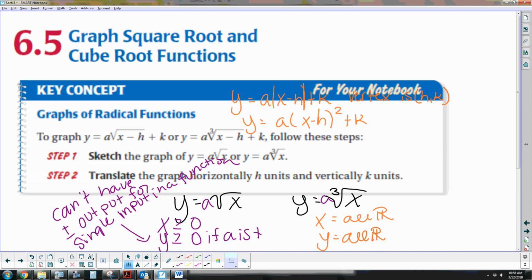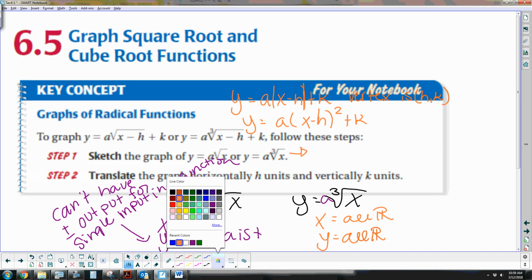Okay, so now looking at graphing these radical functions, you're going to look at graphing y equals a times the square root of x, or a times the cube root of x. And think of what that a value represents. A determines whether or not you have a reflection, a vertical stretch, or a vertical shrink.